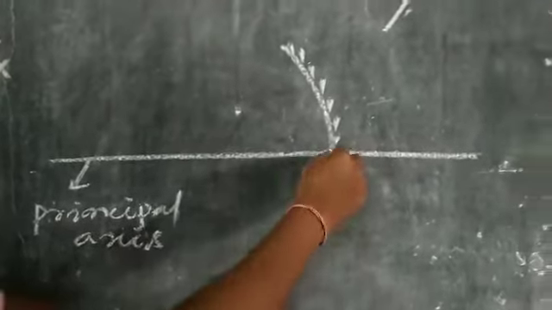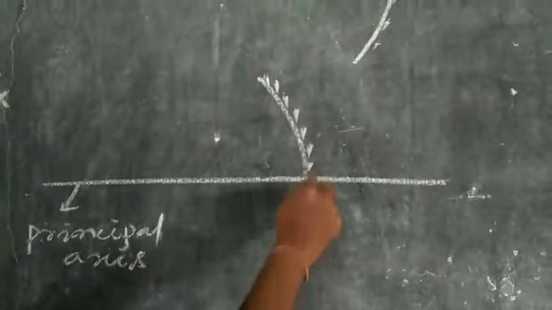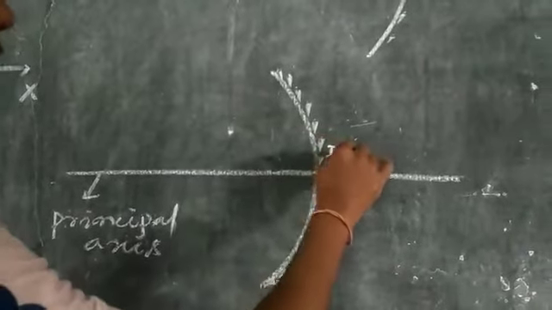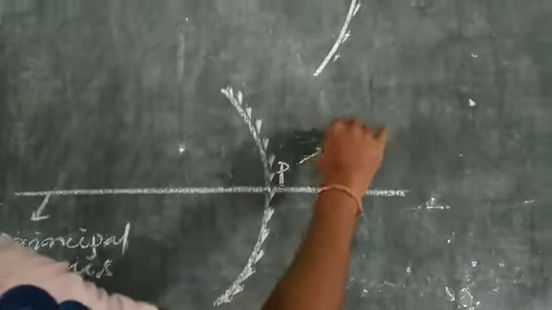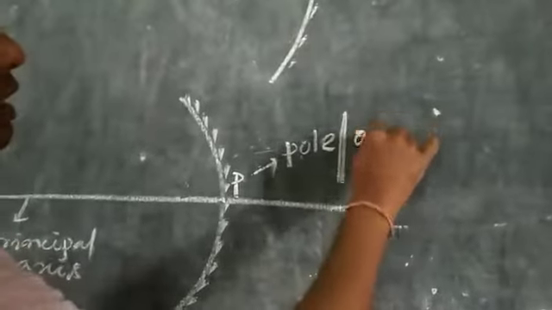This point is known as the pole, or we can say the optical center. We denote it by P.